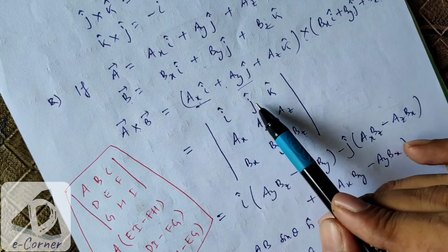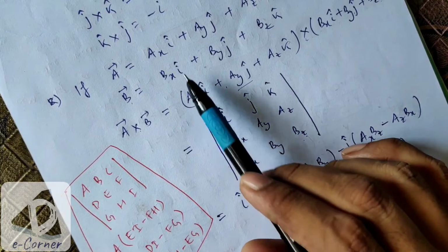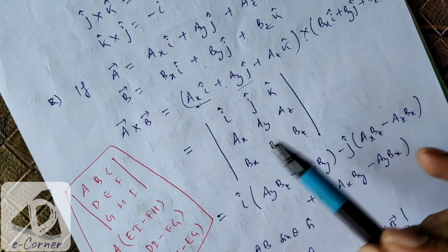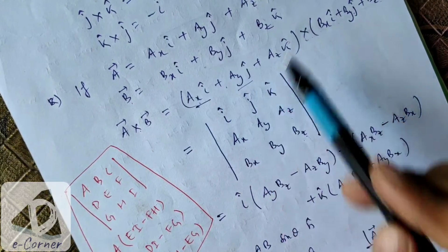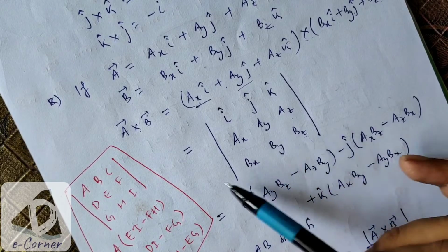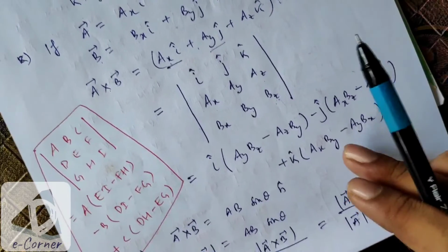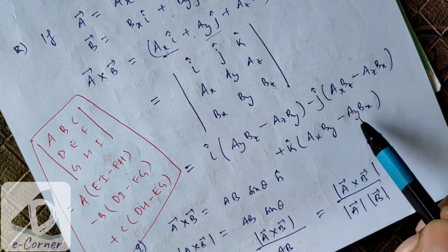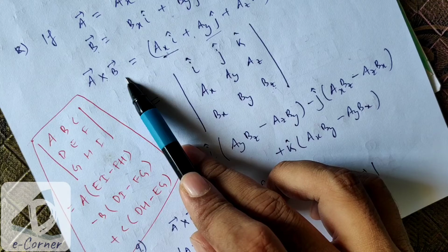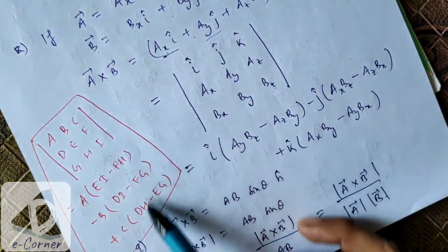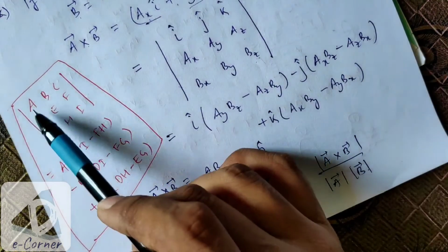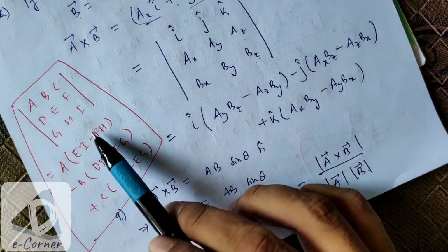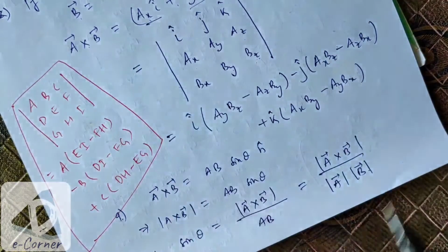We write I cap, J cap and K cap, then the components of vector A, Ax, Ay, Az, and similarly the components of vector B, Bx, By, Bz, in sequence. Then we find the determinant, and its value is the result of A cross B. This is the formula to find the determinant of a 3 by 3 matrix, so by using this formula you can find A cross B.